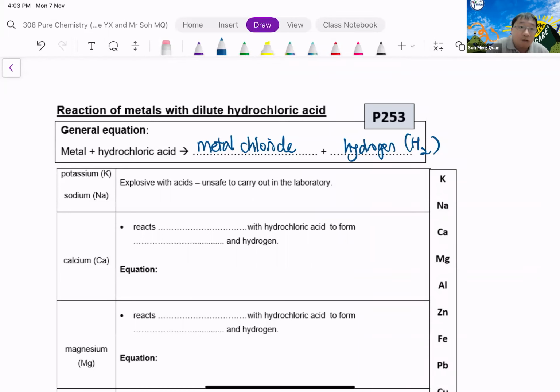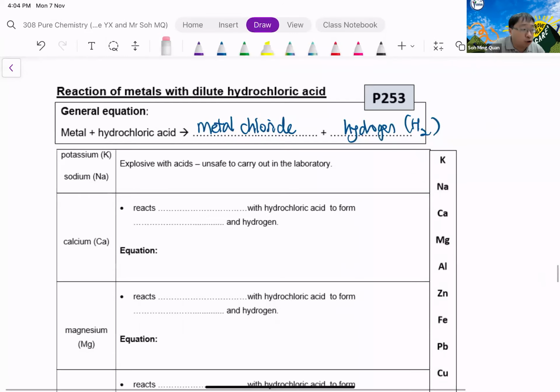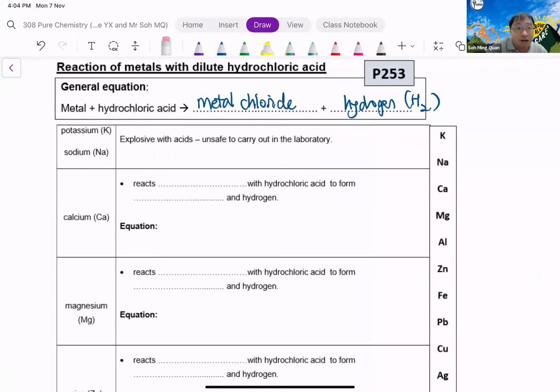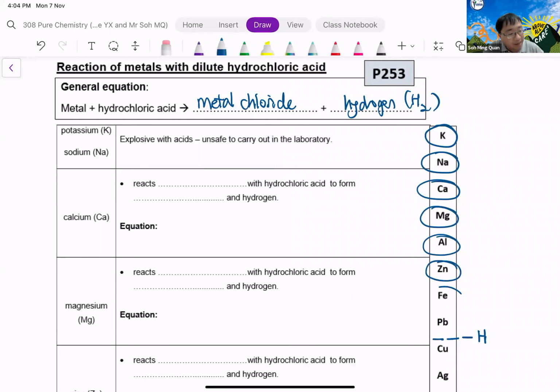Okay. Now, remember under acids and bases, we actually taught you that certain metals are unreactive. So which metals don't react with acid? Actually, all metals above hydrogen can react with acid. So where is hydrogen? Well, hydrogen is here. Hydrogen is above copper. So everything above hydrogen can react with acids.